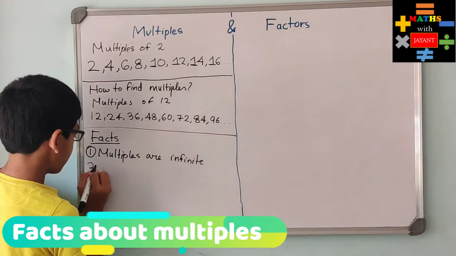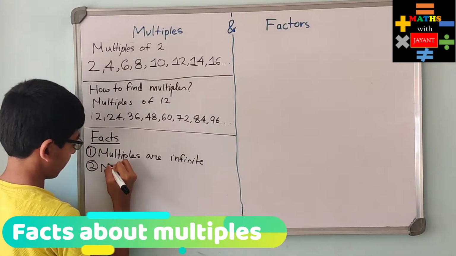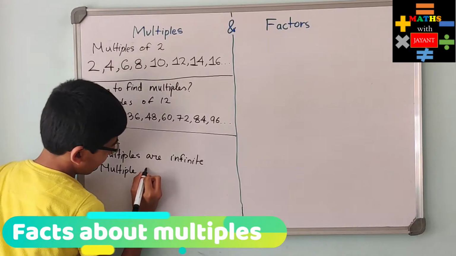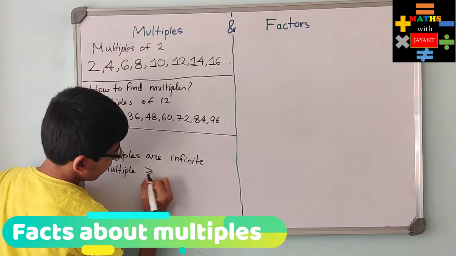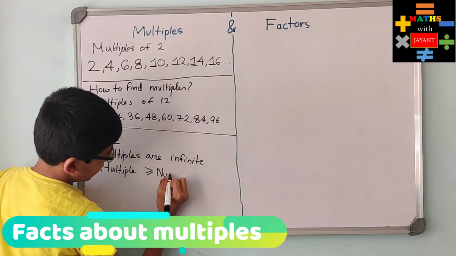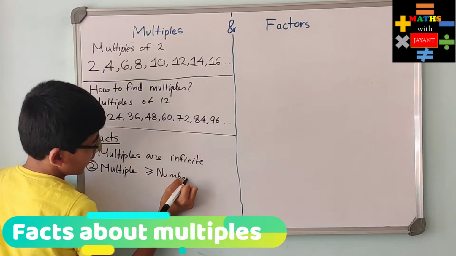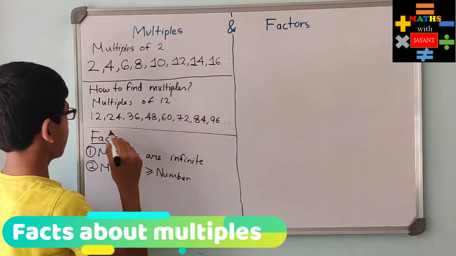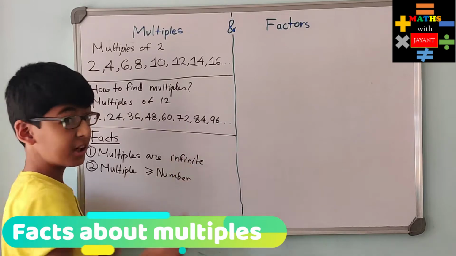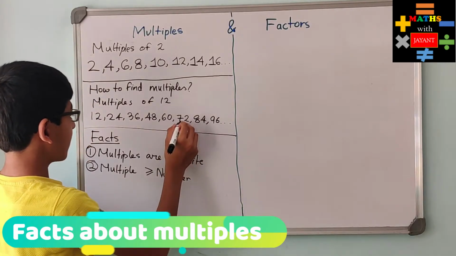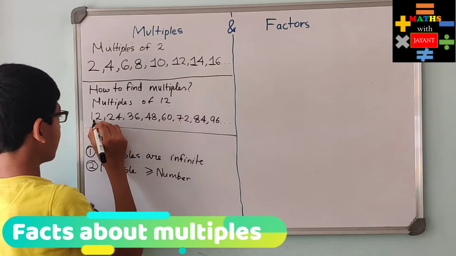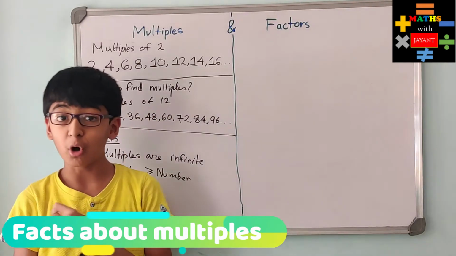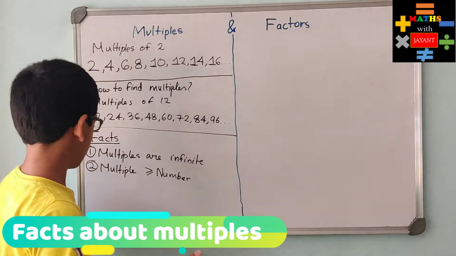The second thing that we need to know is that a multiple is always either greater than or equal to the number. If we take 72, 72 is greater than 12. Or if we take 12, it is the same as 12, but it cannot be lesser at all.